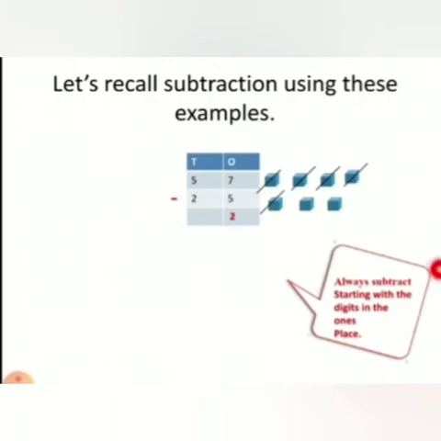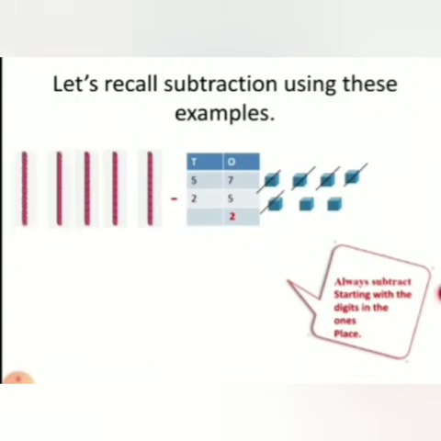Now we will move to the tens column. The numbers are 5 and 2. So let's start. 1, 2, 3, 4, 5. How many we have to take out? 2. So 1, 2. So 5 minus 2 is equal to 3, because here 1, 2, 3 are left over. So 3 is the correct answer.